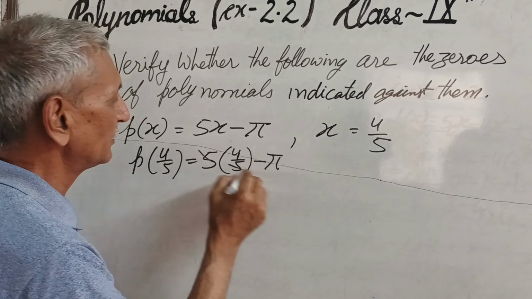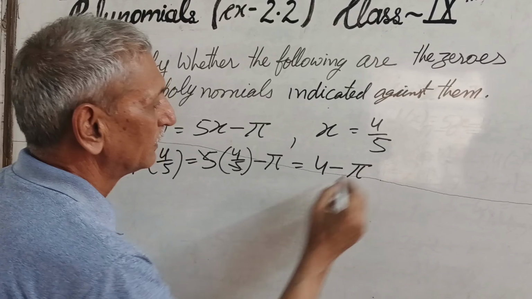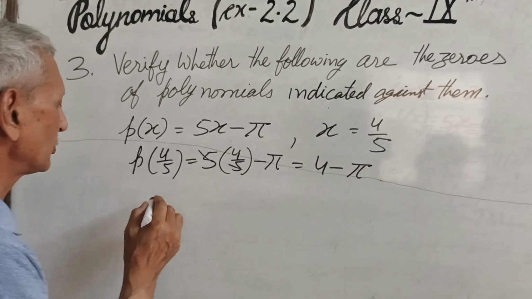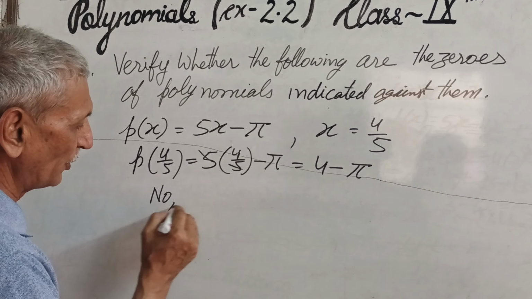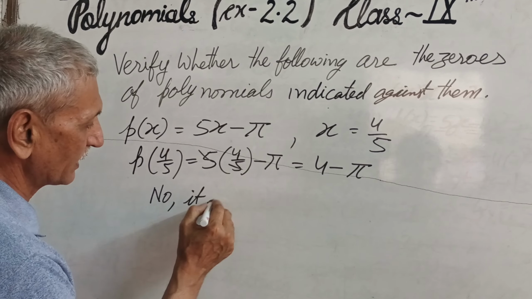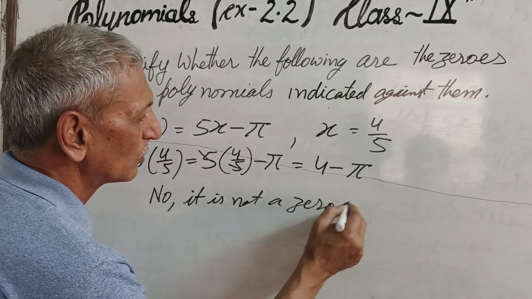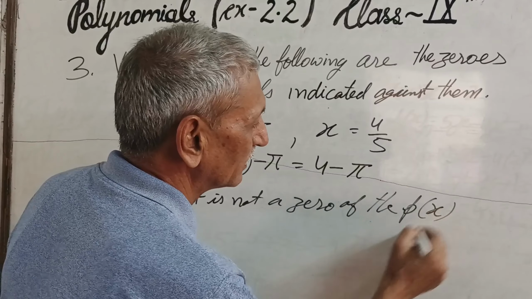That should give you 4 minus pi. It is not 0. Therefore, do not forget to say that no, it is not a zero of the given polynomial. Right, friends?